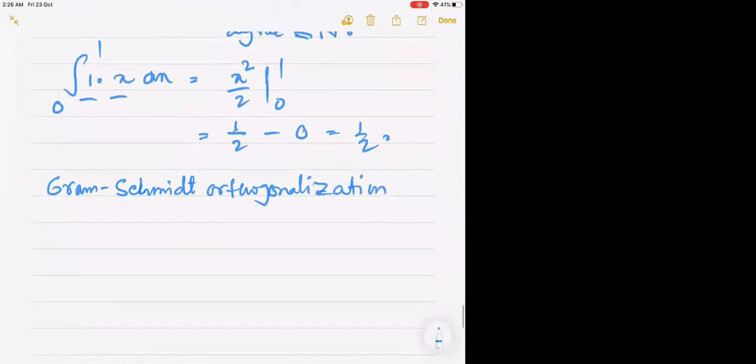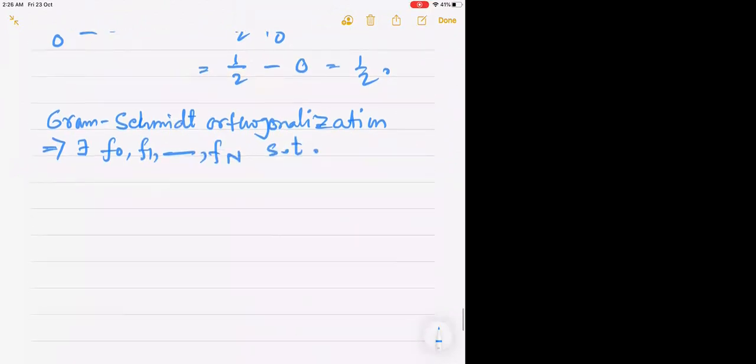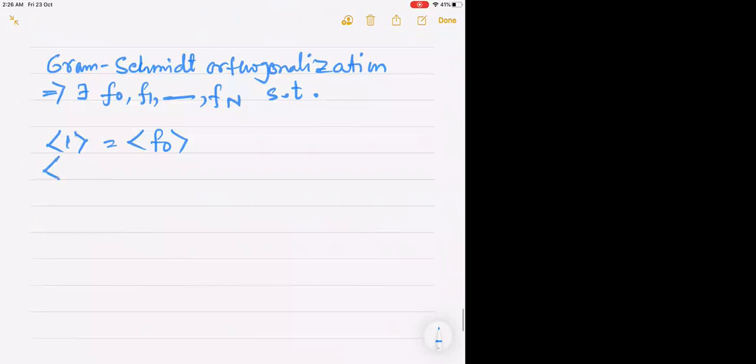Gram-Schmidt orthogonalization will imply the existence of polynomial functions f0, f1, up to fn, such that the span of 1 must be the span of f0, which tells us that f0 has to be equal to 1. Then all polynomials of degree 1 or less should be expressible as a linear combination of f0 and f1.